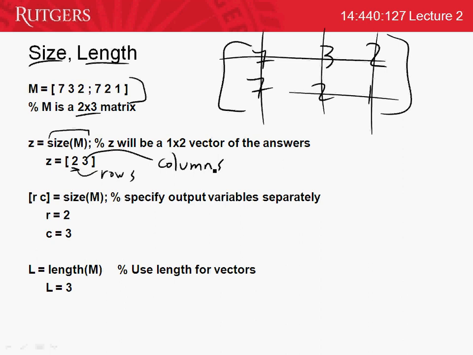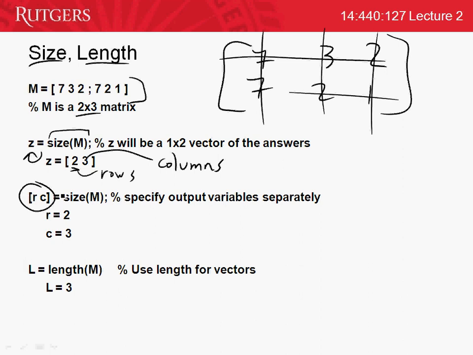We can do a trick though in MATLAB, and this works in general in MATLAB. Normally we're used to putting the variable we want to store our answer in on the left-hand side of the equal sign. But if we know we're going to get as our output of a function a vector with 2 numbers in it, well, we can take a shortcut and on the left-hand side give a vector with 2 variable names in it. So R and C here are just variable names.